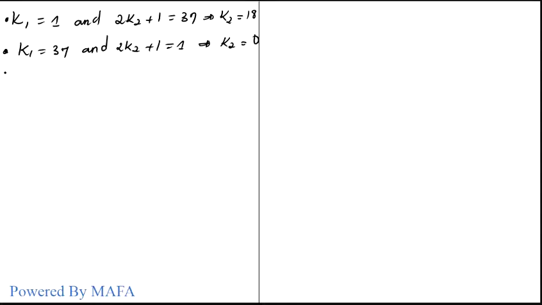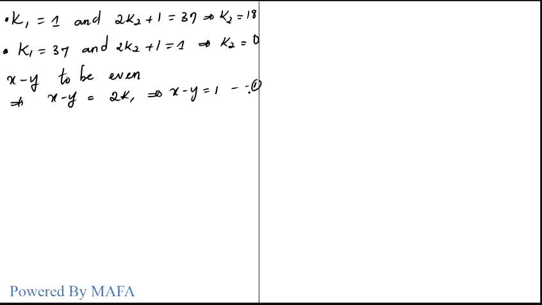But now originally we had x minus y to be even, meaning that x minus y is 2k1. Now our k1 for the first case is 1, so it therefore means that x minus y is equal to 1.